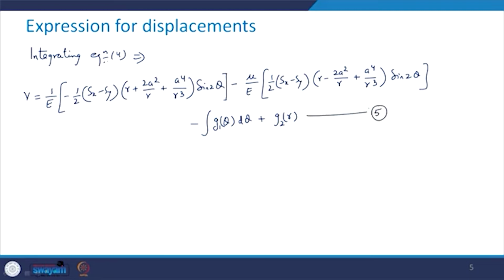This is equation number 5, and this g2 r is again the constant of integration.